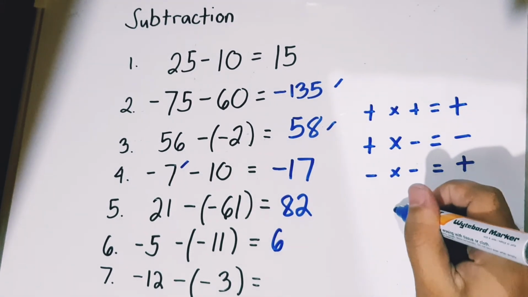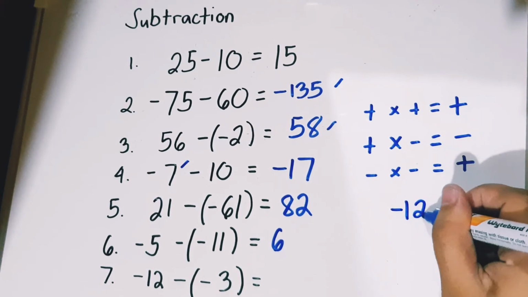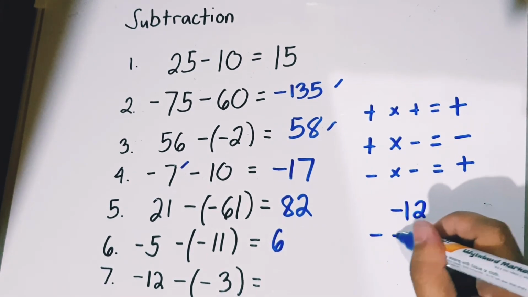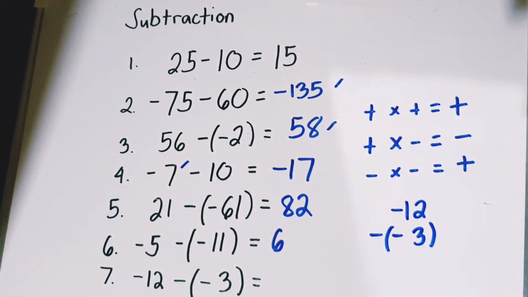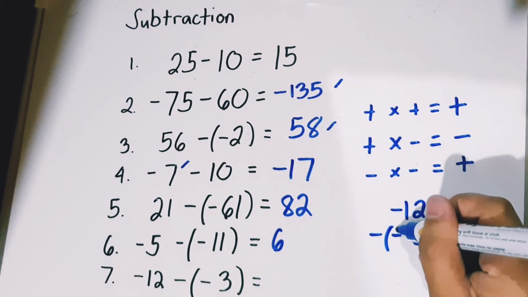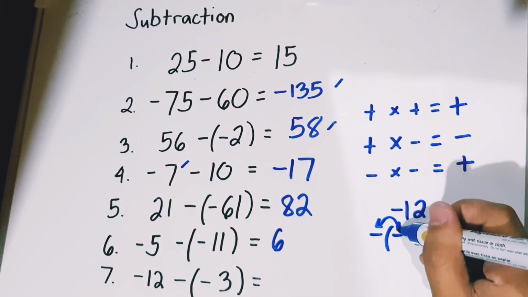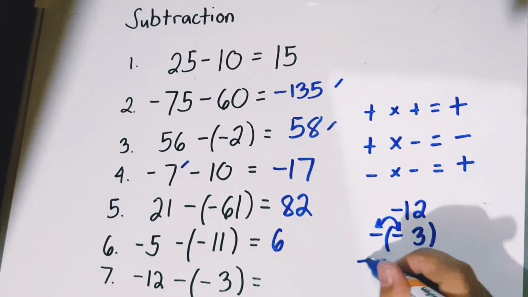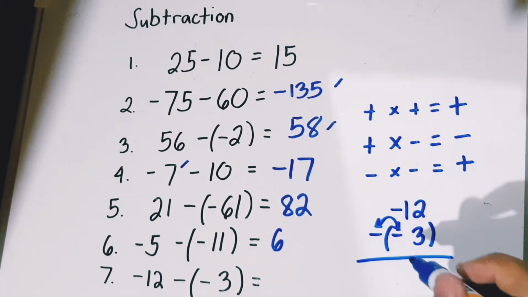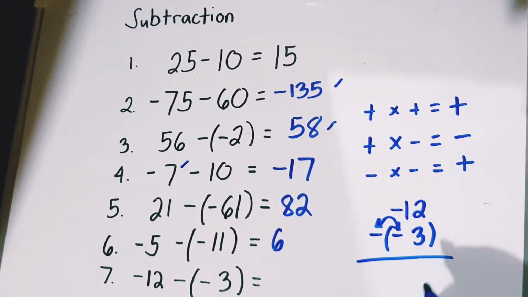So if we put it like here, negative 12 minus negative 3, still we multiply the signs. So negative times negative is positive. So it becomes positive. So I'll just erase this one.